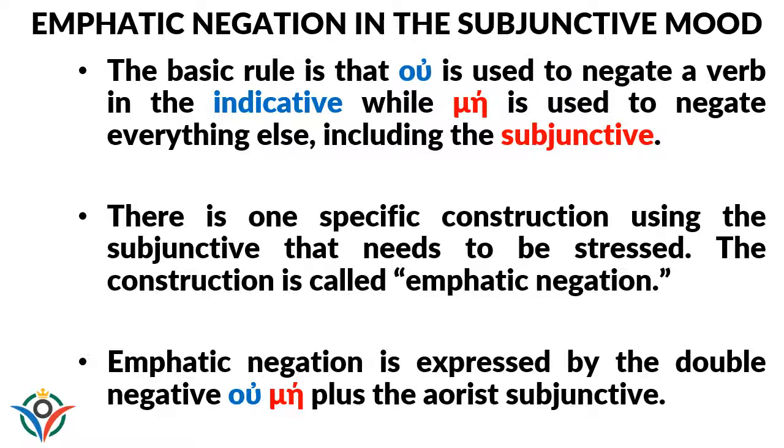Let's move on to the next section of this lesson, which has to do with negation in the subjunctive mood. So the basic rule is that ou, which is a particle, is used to negate a verb in the indicative mood, while me is used to negate everything else, including the subjunctive.